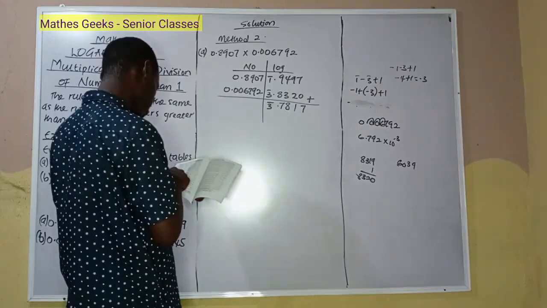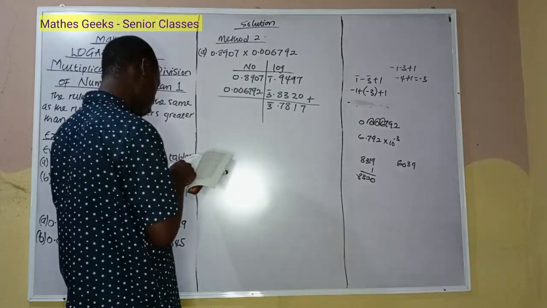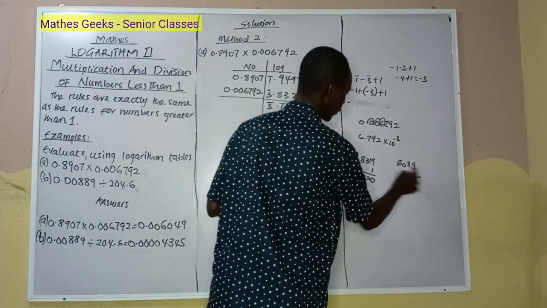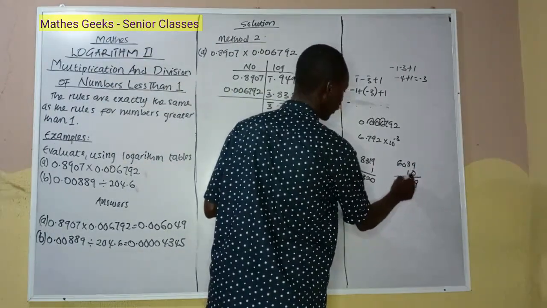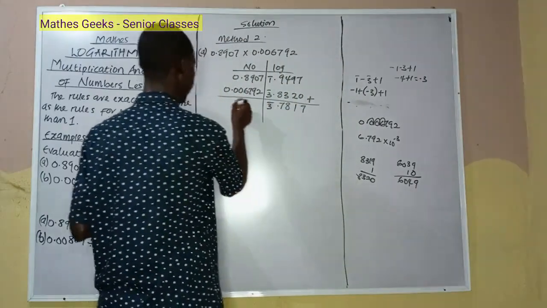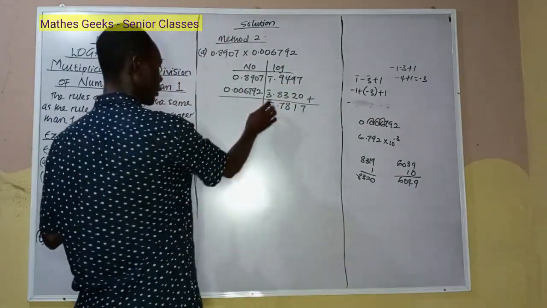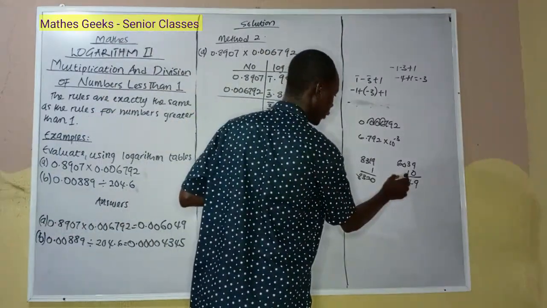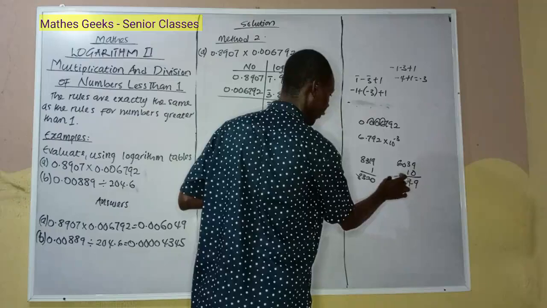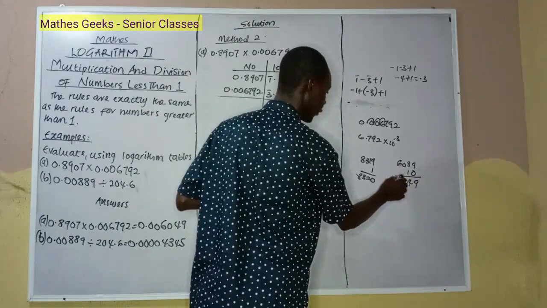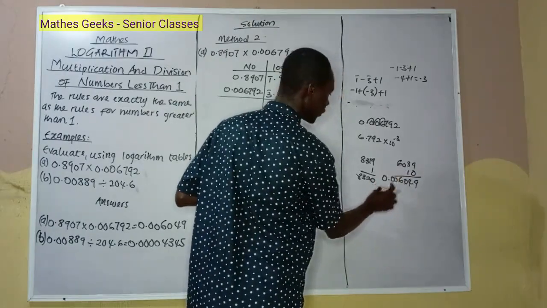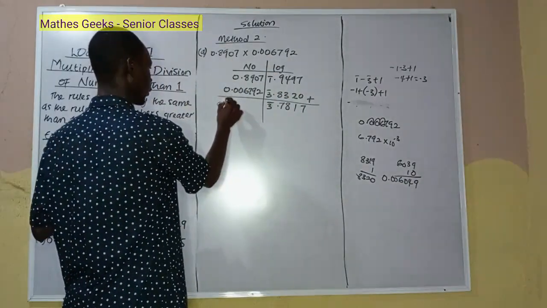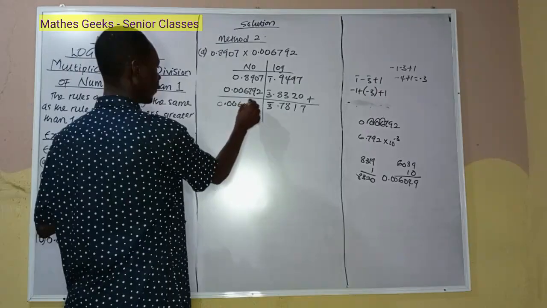Difference 7 is 10, so this will give us 6049. So bar 3 implies that there must be 2 zeros between the decimal point and the first significant figure. So this will give us 0.006049.